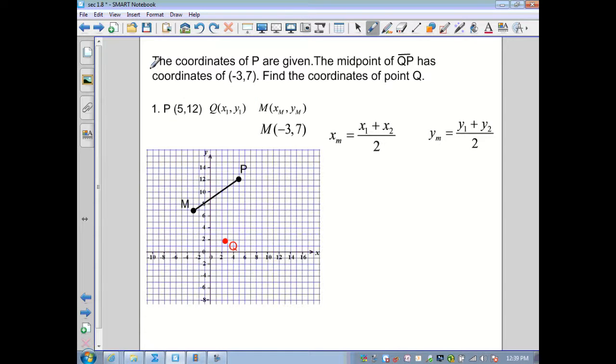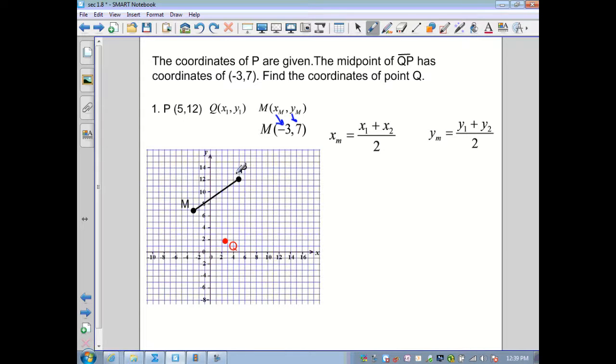Our next example, the coordinates of P are given. The midpoint of segment QP has coordinates of negative 3, 7. Therefore, the midpoint ordered pair is negative 3, 7, and this represents our xM, negative 3, and our yM represents 7. They want us to find the coordinates of point Q. Here is the segment that we have.